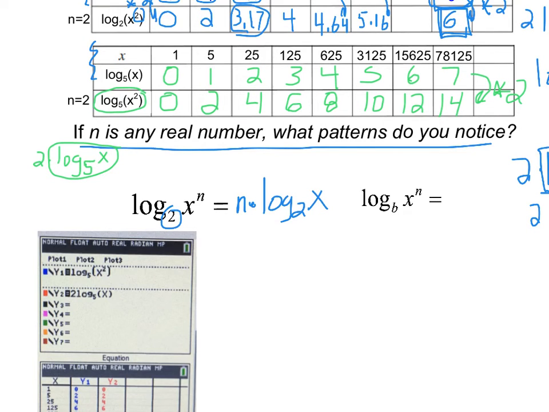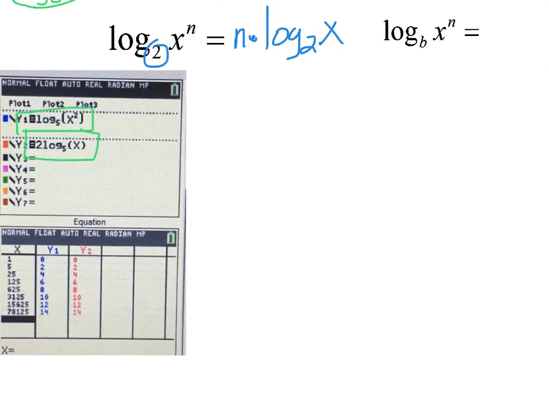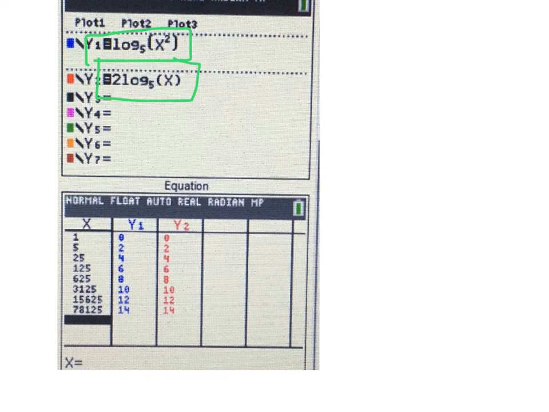Okay, so if you type these two equations in your calculator, and I've done that, I typed in the log base 5 of x squared, and then 2 times the log base 5 of x, and you compare your tables, you'll see that given these values of 1, 5, 25, 125, 625, 3,125, and so on, our output is exactly the same. So these are equivalent expressions, and it really doesn't matter what the base is.